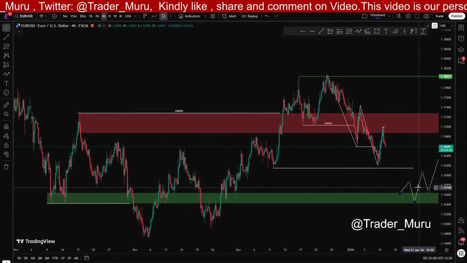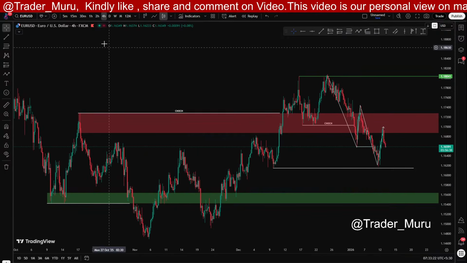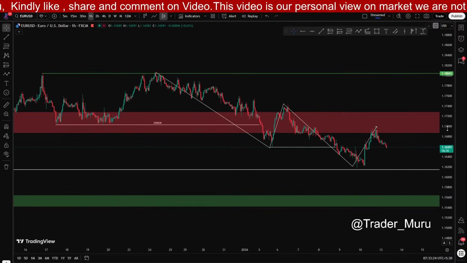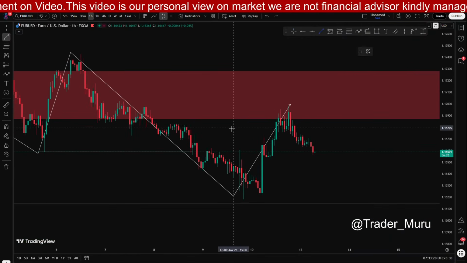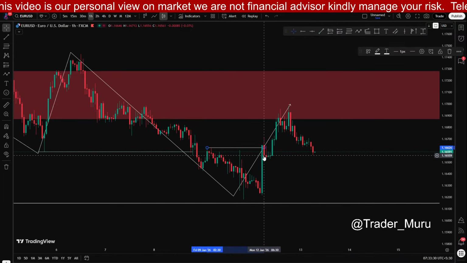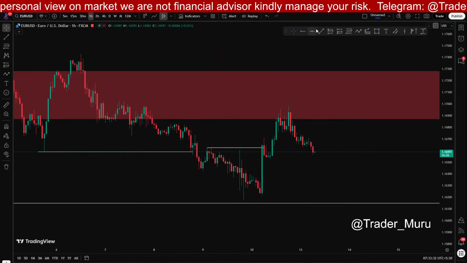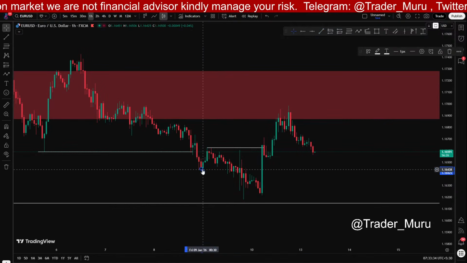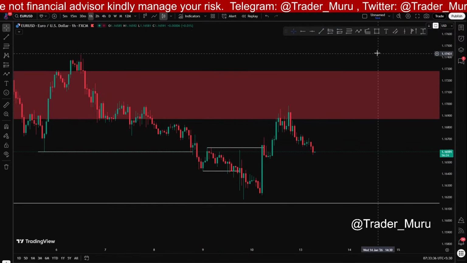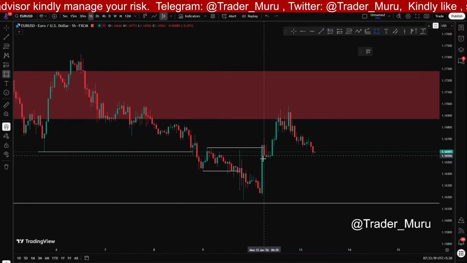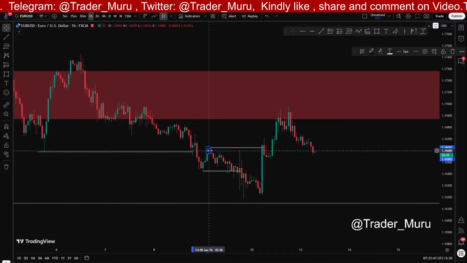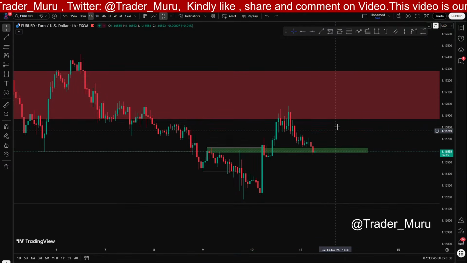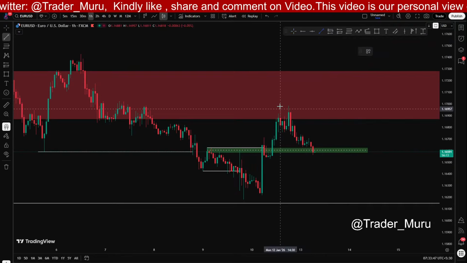This area is good to buy, but in the 1 hour time frame, it has developed a change of character here. This was our last breakout structure. So this is probably a buy zone. It can target this high.